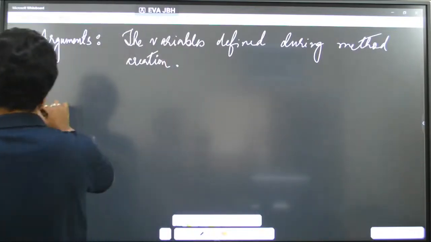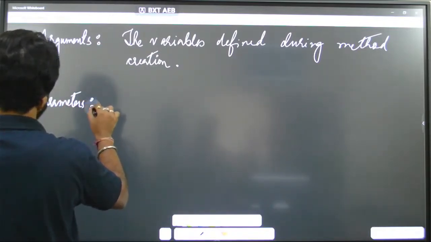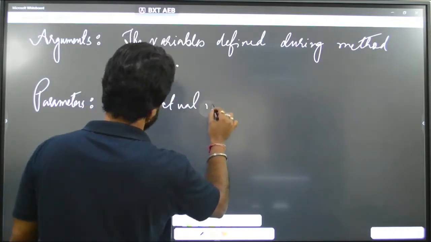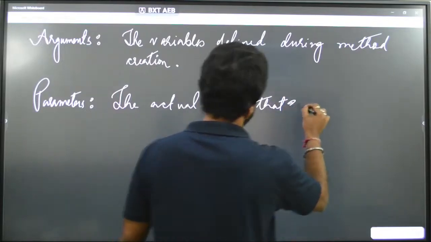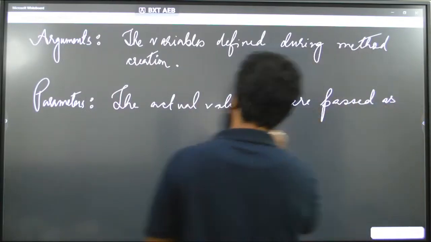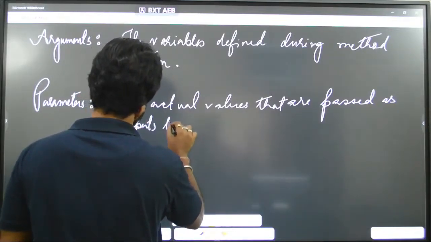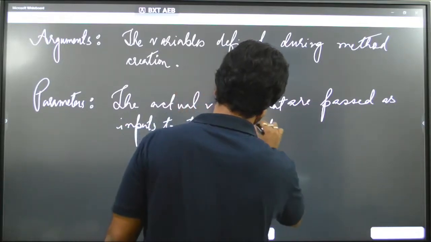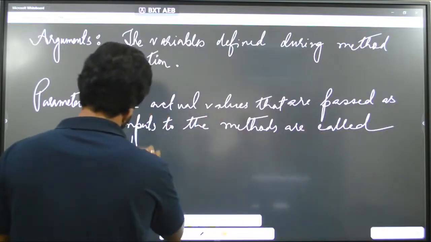And parameters: the actual values that are passed as inputs to the methods are called parameters.